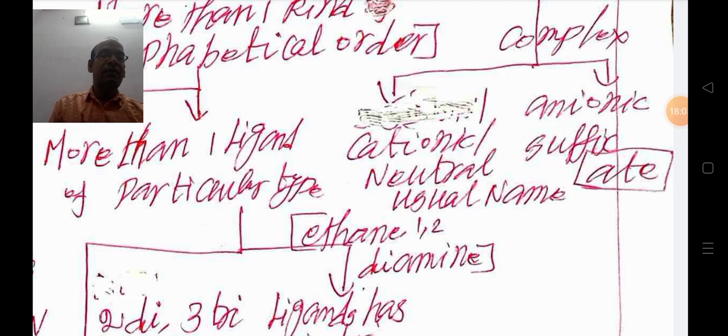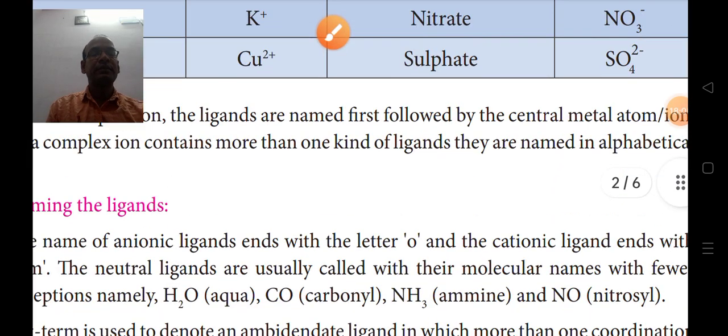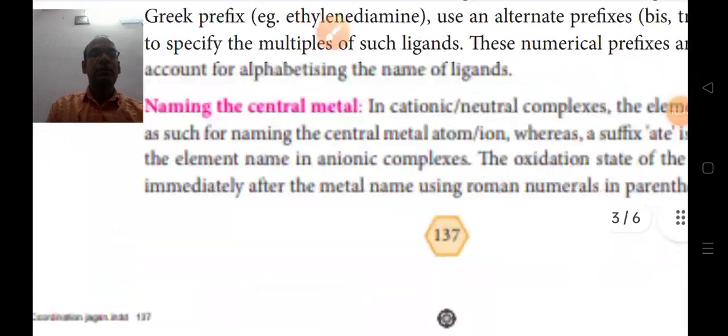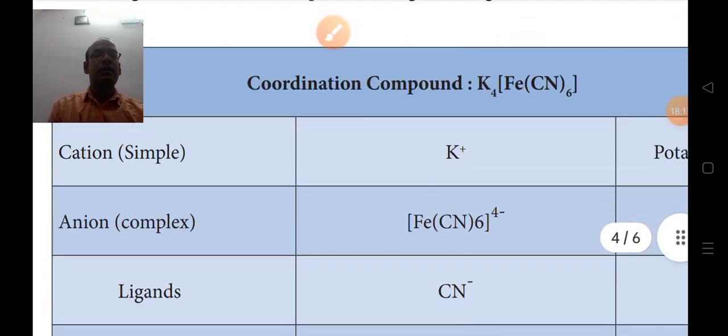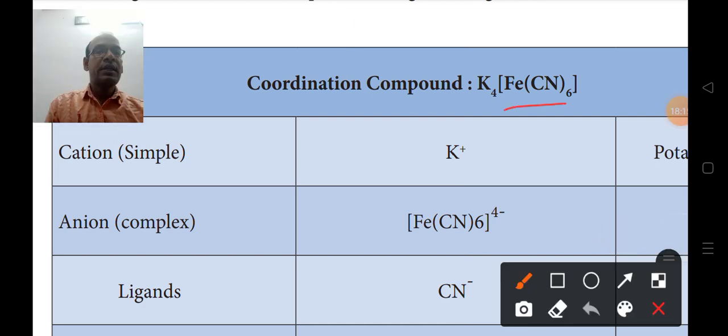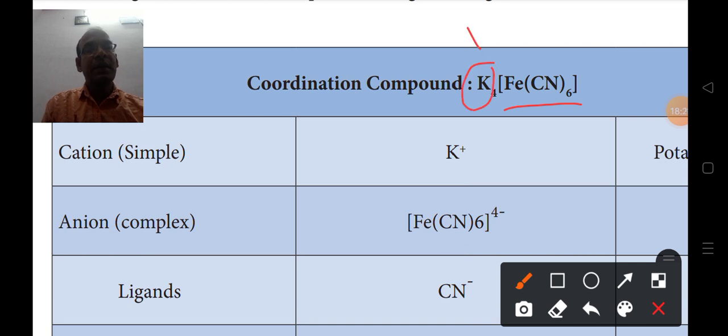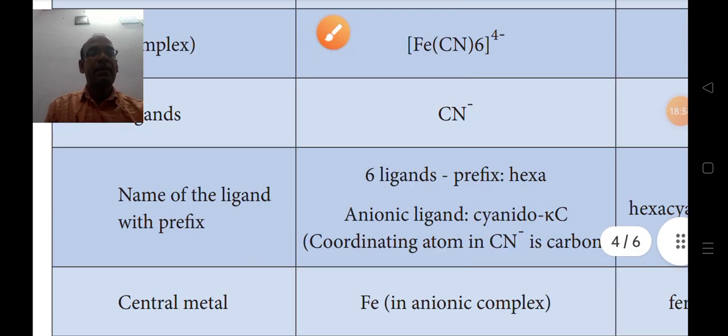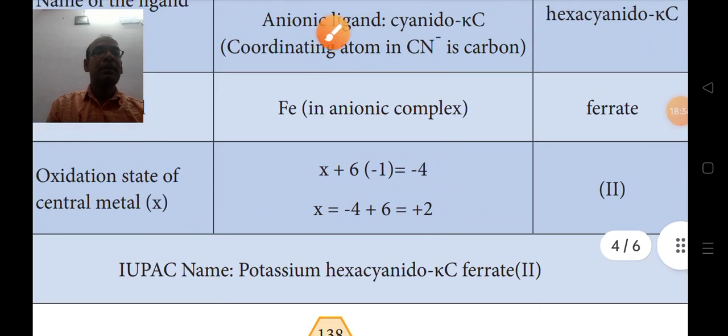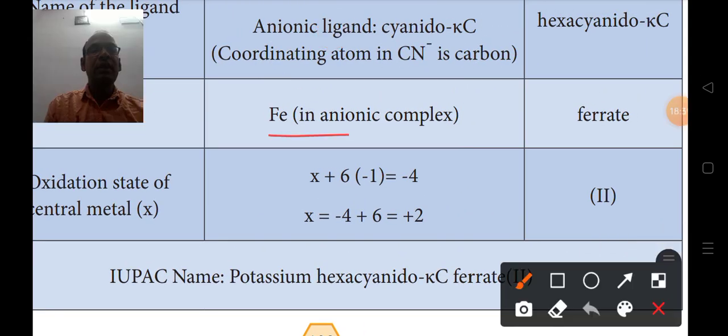For example, in this case, the simple ion is positive, the complex ion is negative. Put the name for the Fe, central metal ion, ending with ate, that is, Fe in an anionic complex, therefore ferrate.